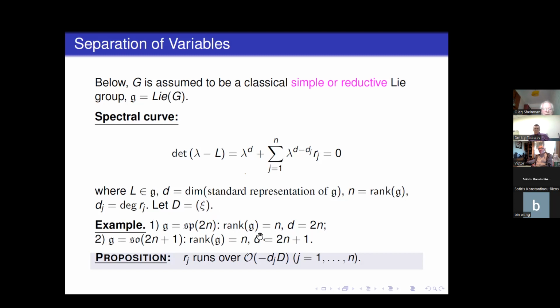Just examples: for the symplectic Lie algebra of rank n, D is 2n. For the Lie algebra of skew-symmetric odd dimensional matrices, the rank is again n, and the dimension is 2n plus 1.